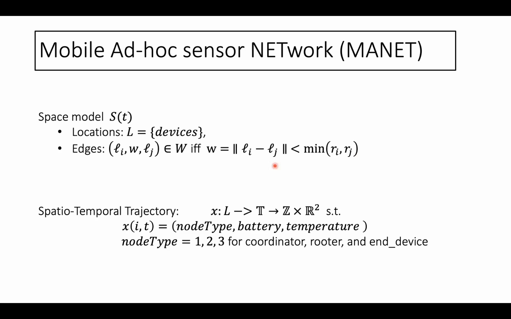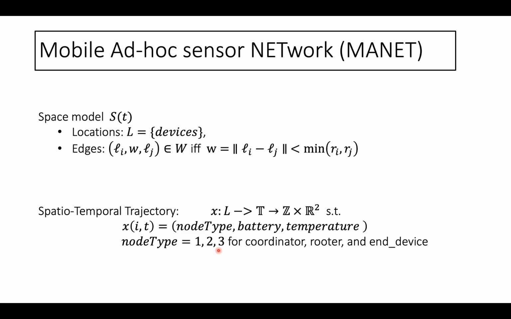As spatio-temporal trajectory, we consider the evolution in time, so the temporal signal in each location, of three variables: the node type, which is actually a constant in that case, the level of the battery and the level of the temperature.